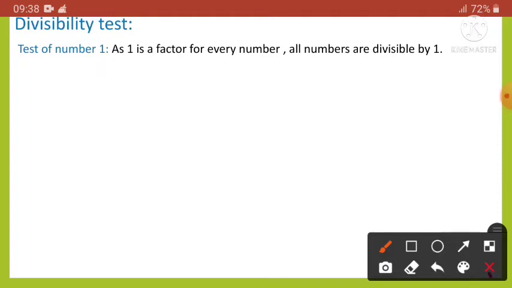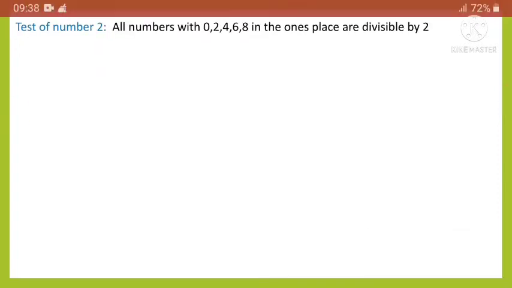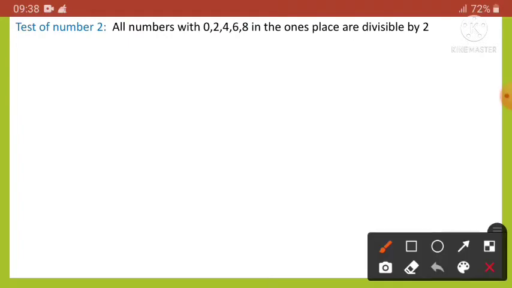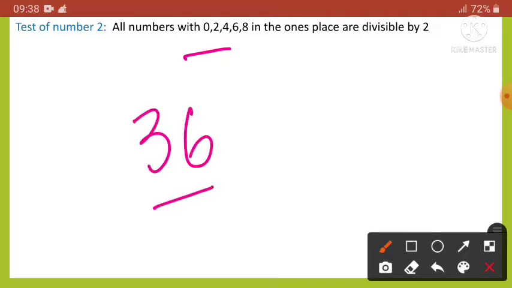Next one is the test of number 2. The rule is all the numbers with 0, 2, 4, 6, 8 in the ones place are divisible by 2. If I take a simple example, suppose I am taking the number 36.